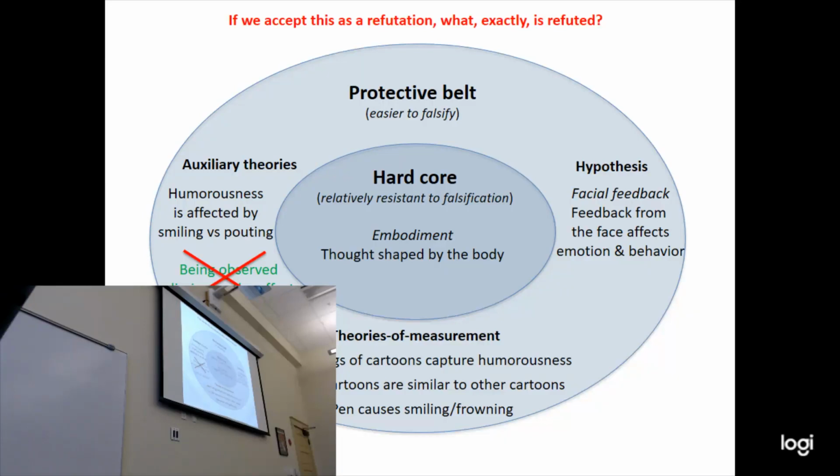And that's actually true with anything in the protective belt. That's why it's called the protective belt. All these hypotheses, these meta theories that are necessary to connect your hardcore to the hypothesis, all those can serve as sacrificial lambs. They can take the reputation hit in place of the hypothesis.